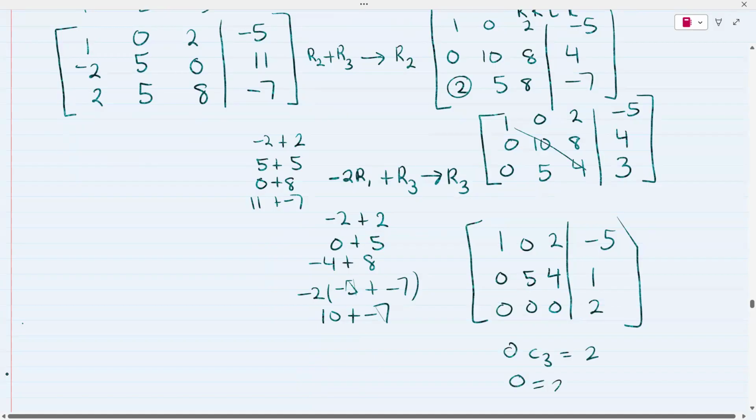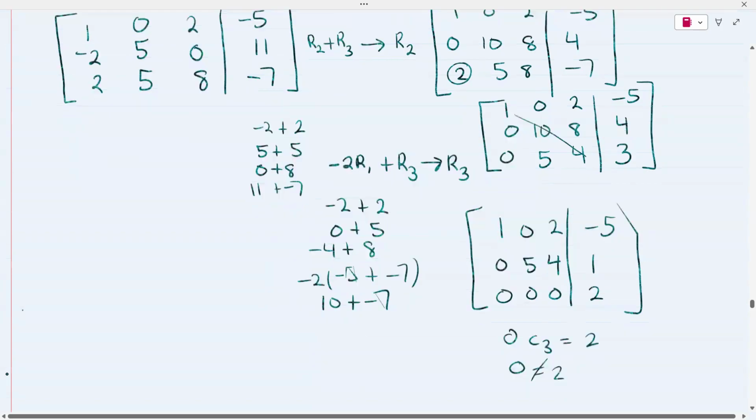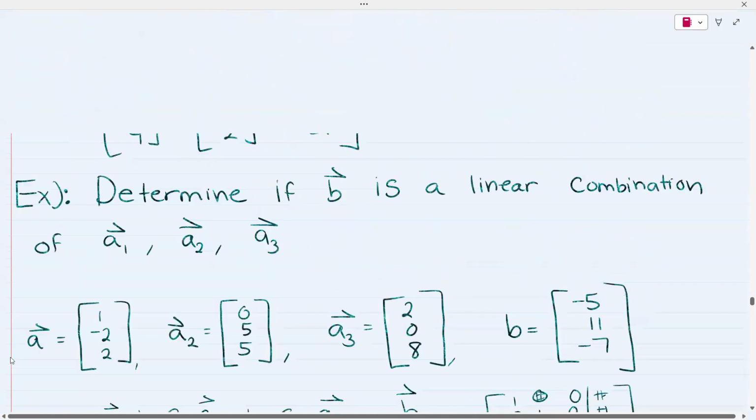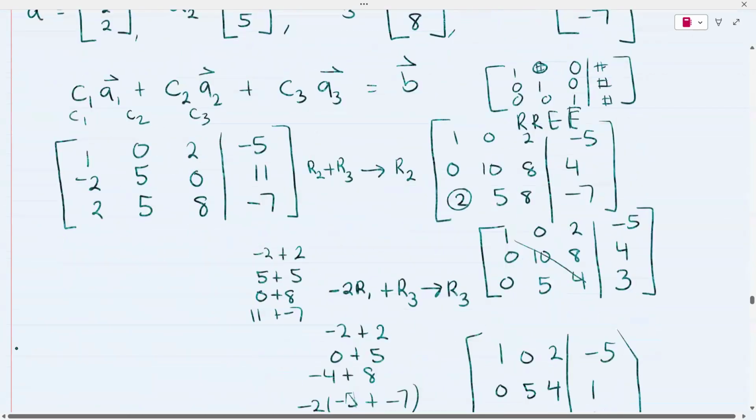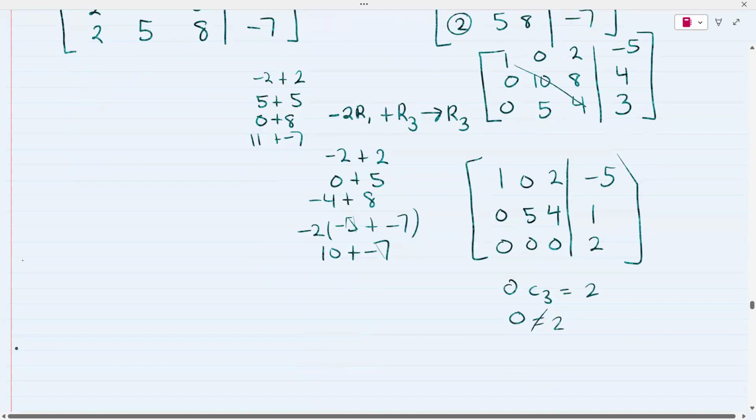So that's a false statement. 0 does not equal 2. So what they're asking is to determine if vector V is a linear combination of vectors A1, A2, and A3. Because of this inconsistency, because of this false statement, 0 does not equal 2, you could say no. Vector V is not a linear combination.